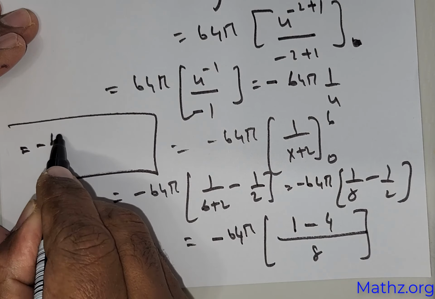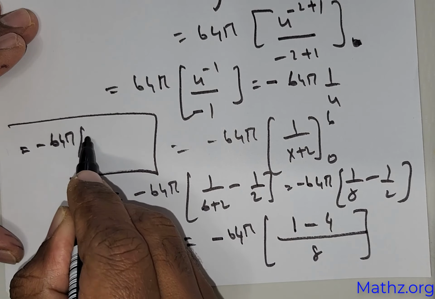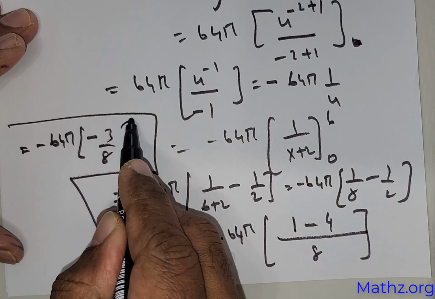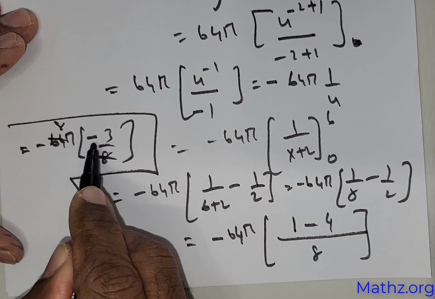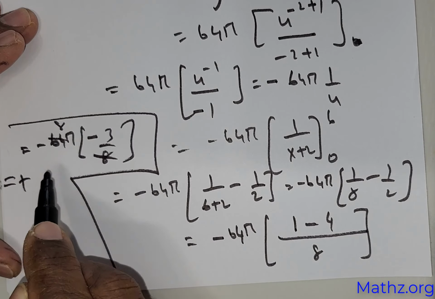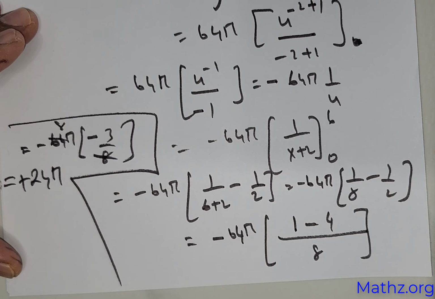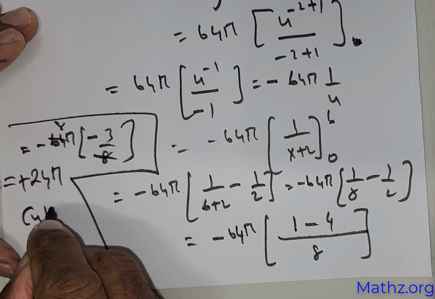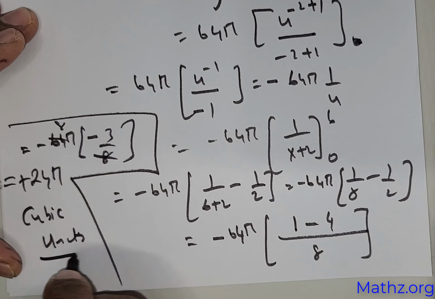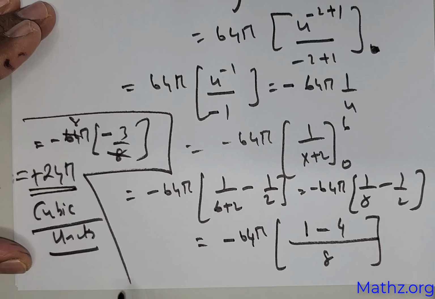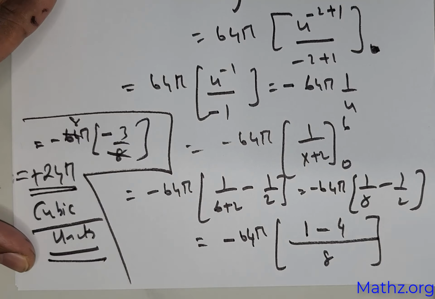This is equal to negative 64 pi times negative 3, divided by 8. 8 divides here 8 times, negative, negative, positive. And 8 times 3 is 24 pi. And that would be cubic units. This unit is very important. So this is the required answer. 24 pi cubic units is the solution. Thank you, students.